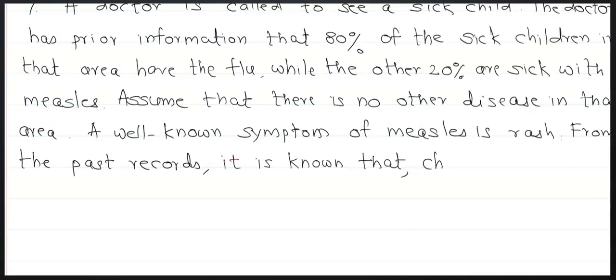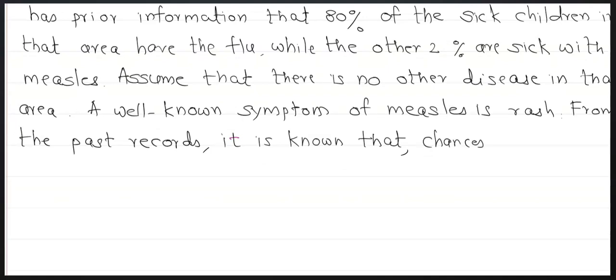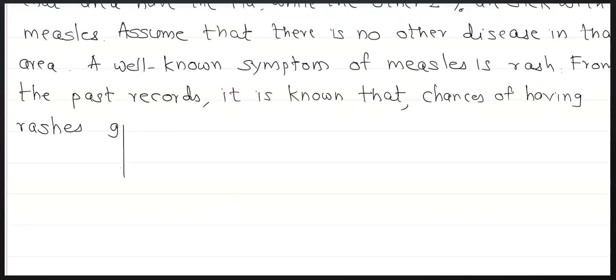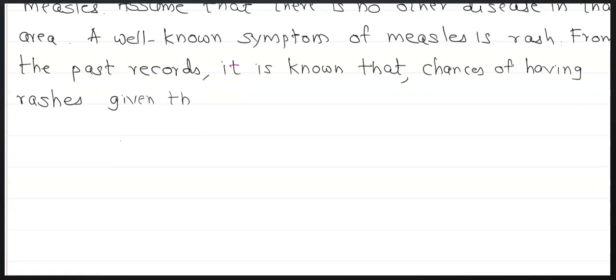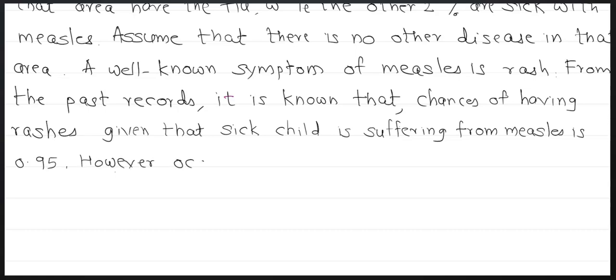It is known that the chance of having rashes, given that the sick child is suffering from measles, is 0.95.